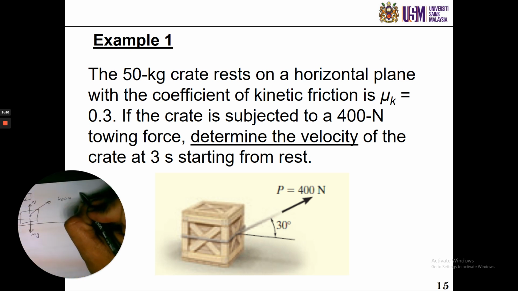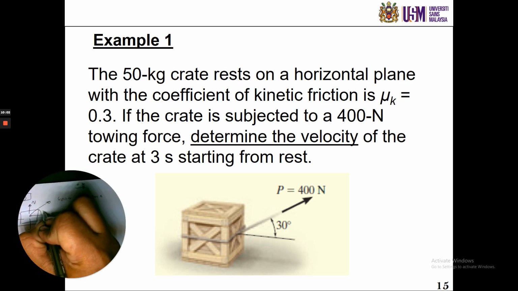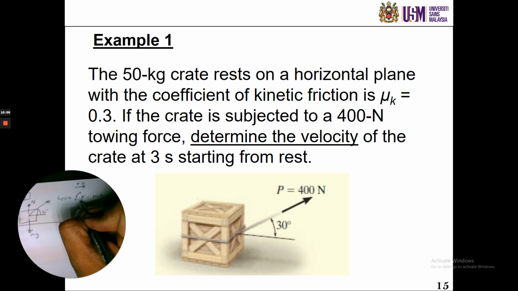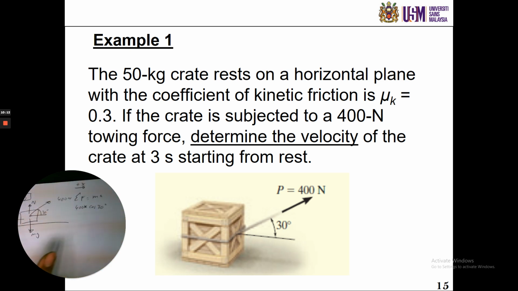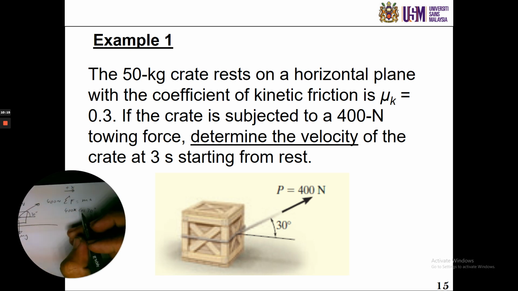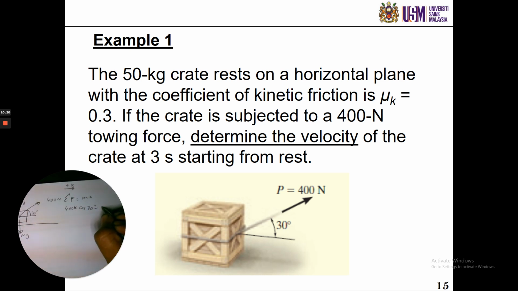From here you can divide those components. Let's start with the x direction. In the x direction, you have 400 Newtons, so 400 times cosine 30 pointing to the right, minus the friction, which is mu_k times N. I think that's it, right?